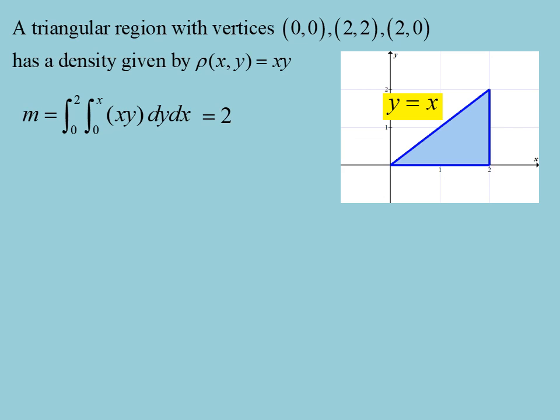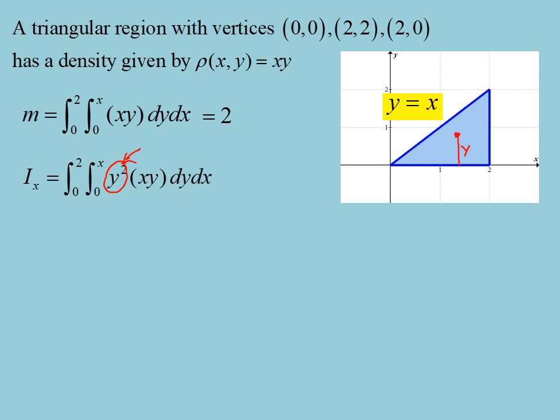However, I've already done that here. The inertia about the x-axis, remember, needs the square of the distance from the x-axis. If we go from the x-axis to some point in this region, that distance is y. So the square of that distance would be y squared.